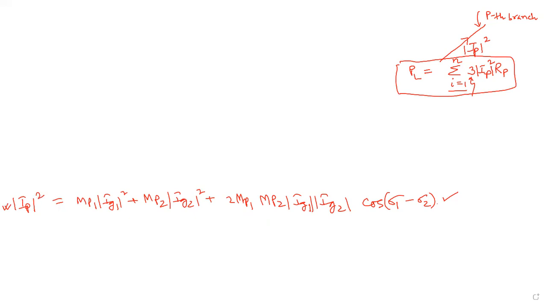Once you get that, the remaining part is quite easy to calculate. To reach PL, the remaining part is quite simple. Simply multiply by R_p and take the summation for all the branches. So this is what we did.